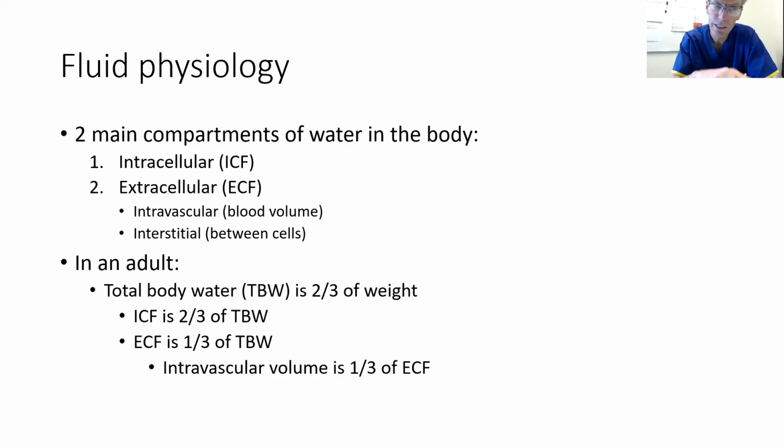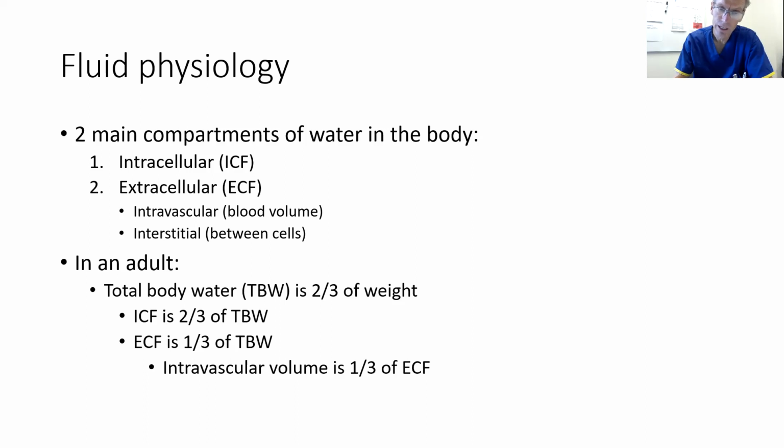In an adult, about 2/3 of the adult's weight is water. It's a bit more in children and quite a bit more in neonates. And the smaller a neonate is, the higher proportion of their body weight is water. And in an adult, about 1/3 of the total body water is outside the cells, and about 2/3 of it is inside the cells.